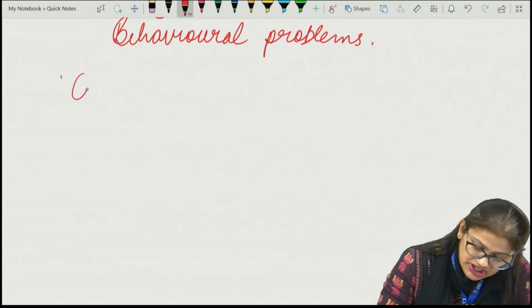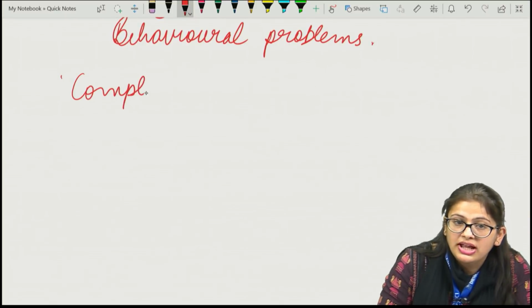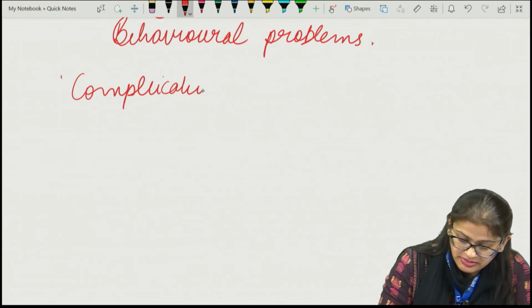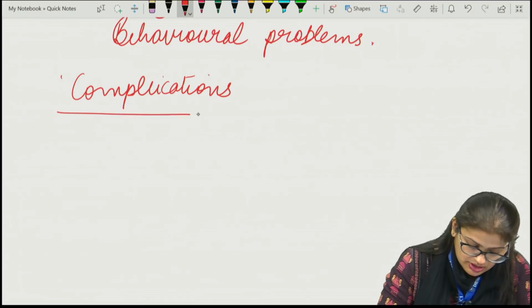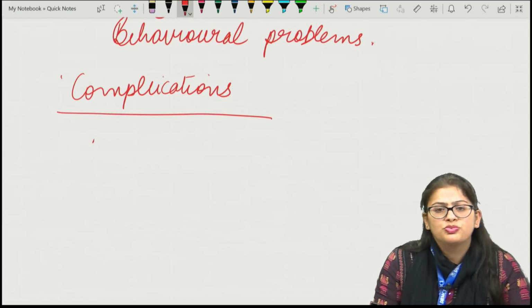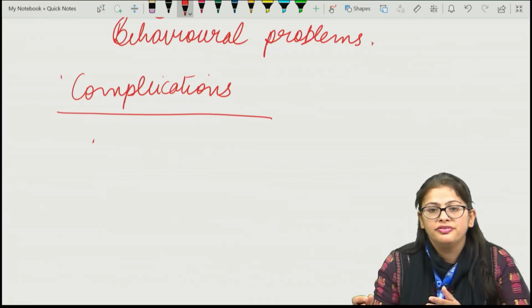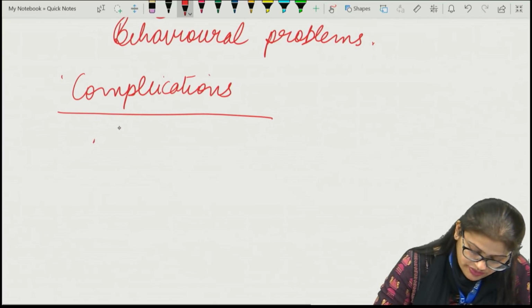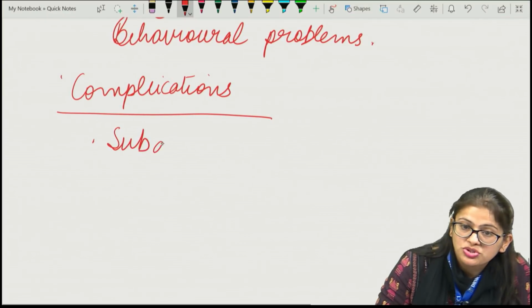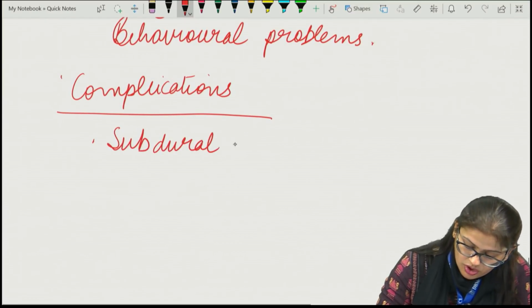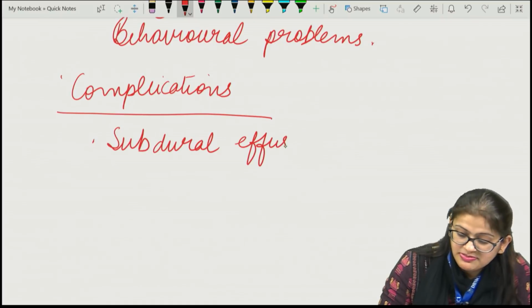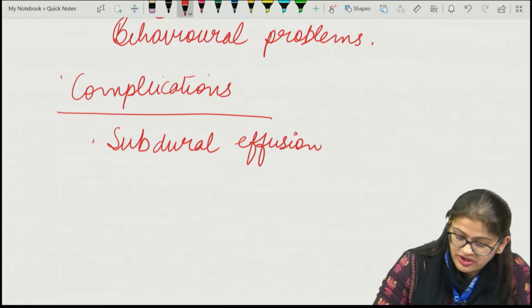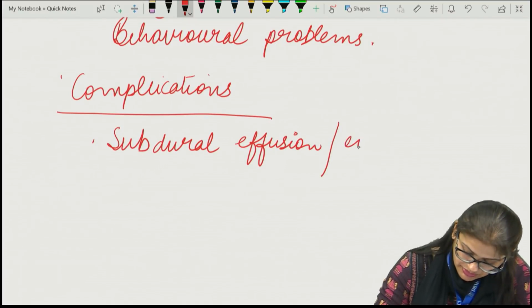And what are the complications that can occur while a child is undergoing treatment for bacterial meningitis? A child who was initially responding but starts to have fever again while in the hospital, that can be because of either a subdural effusion or a subdural empyema. This may also manifest as signs of raised intracranial pressure.